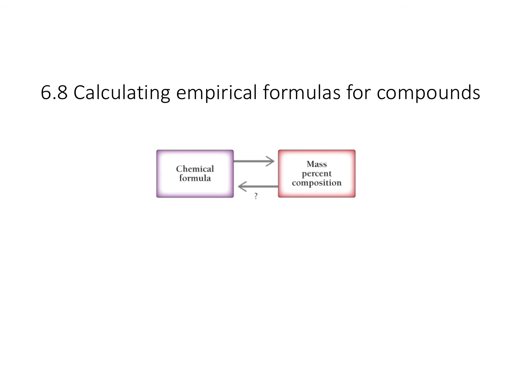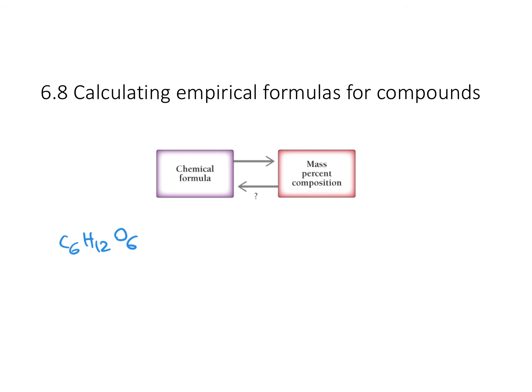So I told you that if I give you something like C6H12O6, this formula gives you the relationship between moles of constituent elements of this compound, right? And we learned that we can convert moles to grams by molar mass, right?